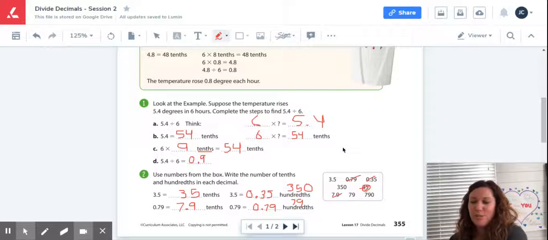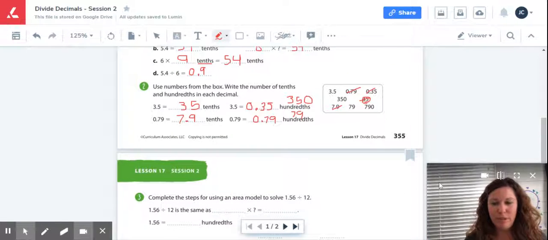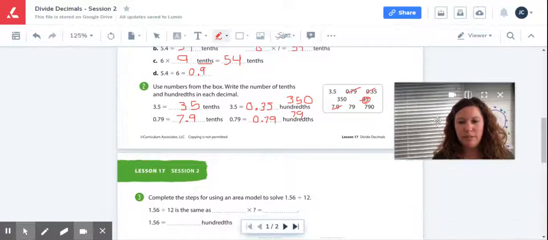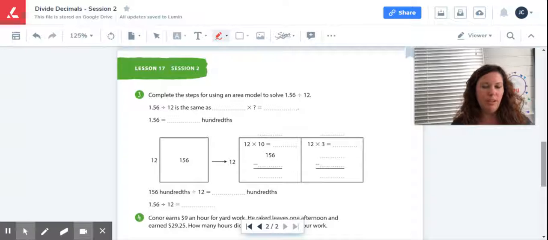Number 3, número 3. I'm going to move my camera up. All right, complete the steps for using an area model to solve 1 and 56 hundredths divided by 12.